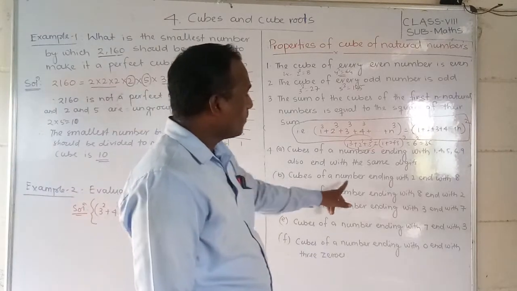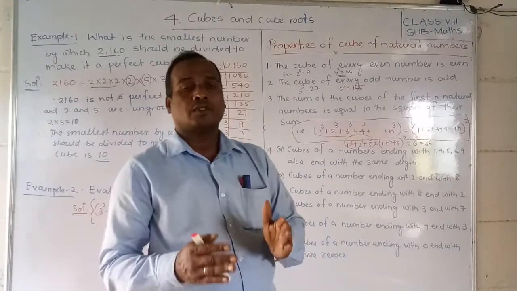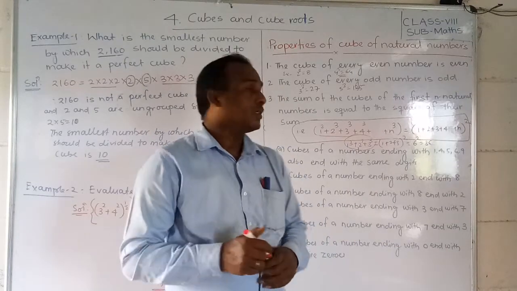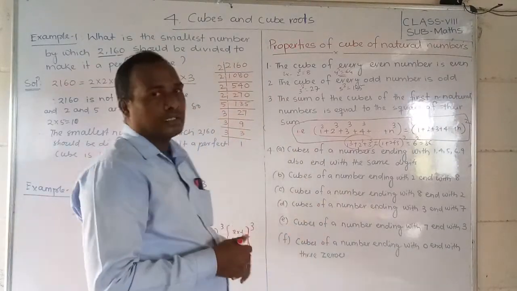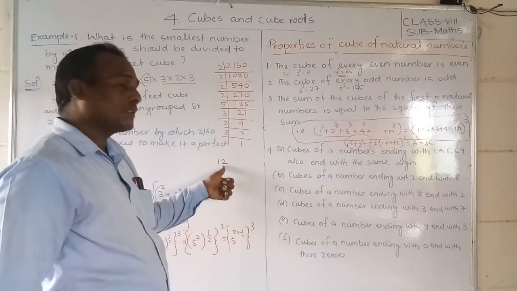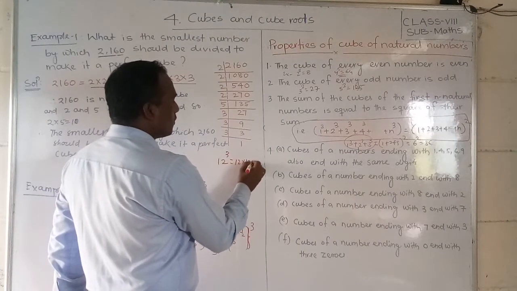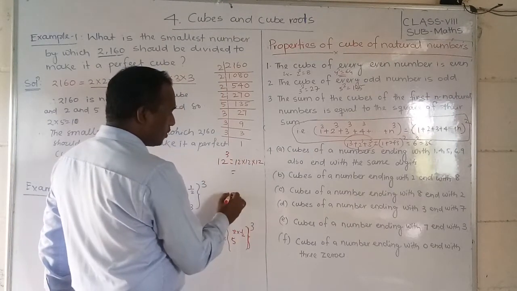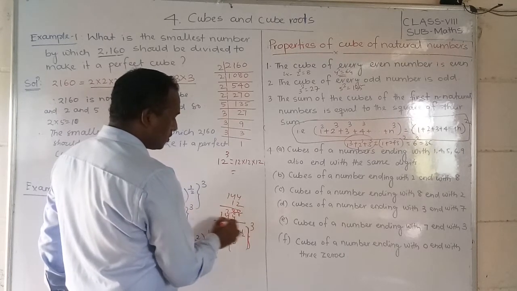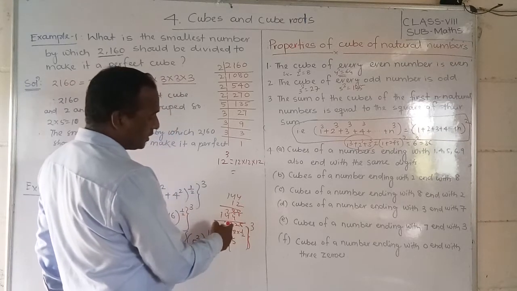B. Cubes of a number ending with 2 end with 8. If any number ending with 2 is there, its cube will end with 8. Suppose I take 12. 12 ends with 2. Its cube is 12 into 12 into 12. 12 into 12 is 144, 144 into 12 is 1728.